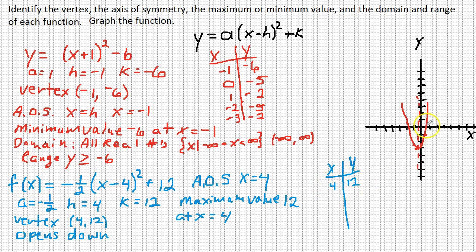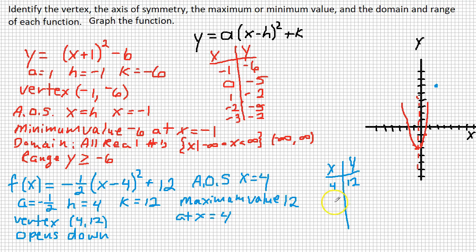Now let's see, up 2, 4, 6, 8, 10, 12. Right there. That's our maximum point. See, it opens down, so everything's going to be below that.